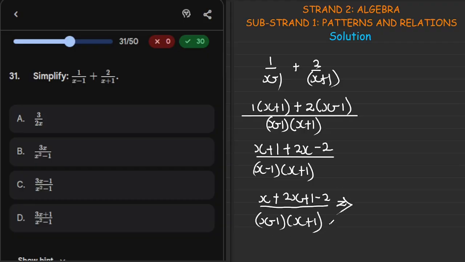So this results to what? x plus 2x, which is a 3x, then 1 minus 2, which is a negative 1, all over our denominator, which is x minus 1, and then x plus 1. And that is what? C.